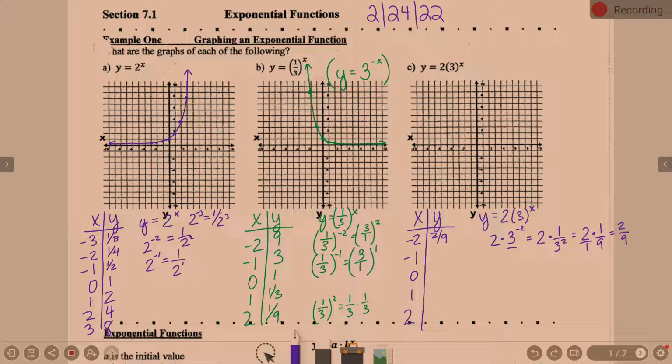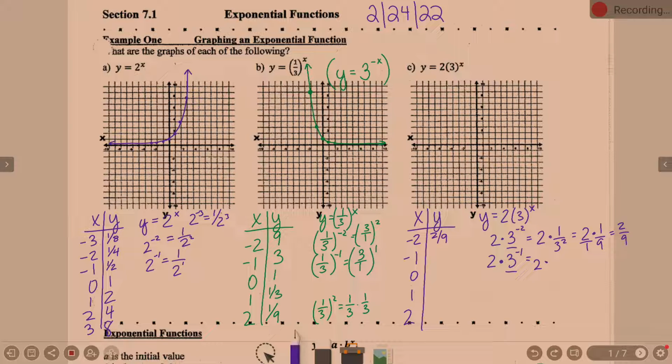Okay, did you try -1, or are you waiting on me? Two times 3 to the -1. Again, first step has to be exponents: parentheses, exponents, multiply and divide, add and subtract. So, 2 times, what do we know about 3 to the -1?